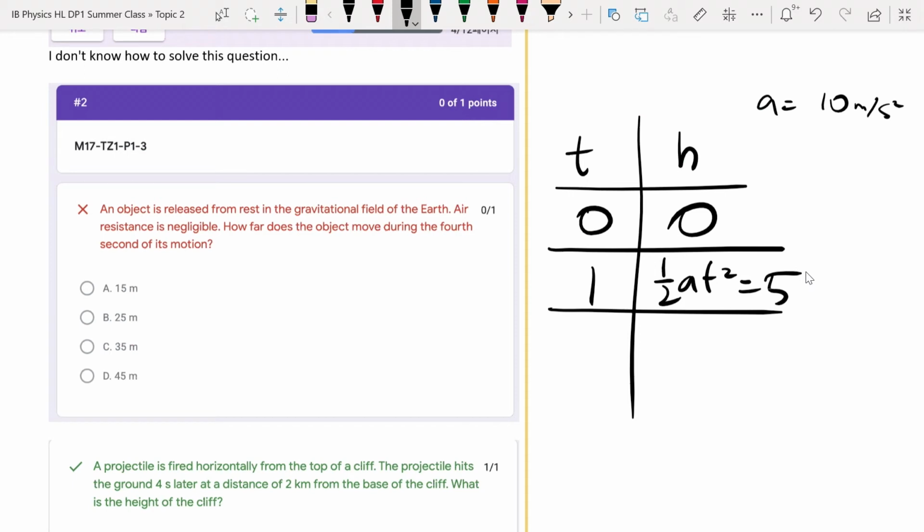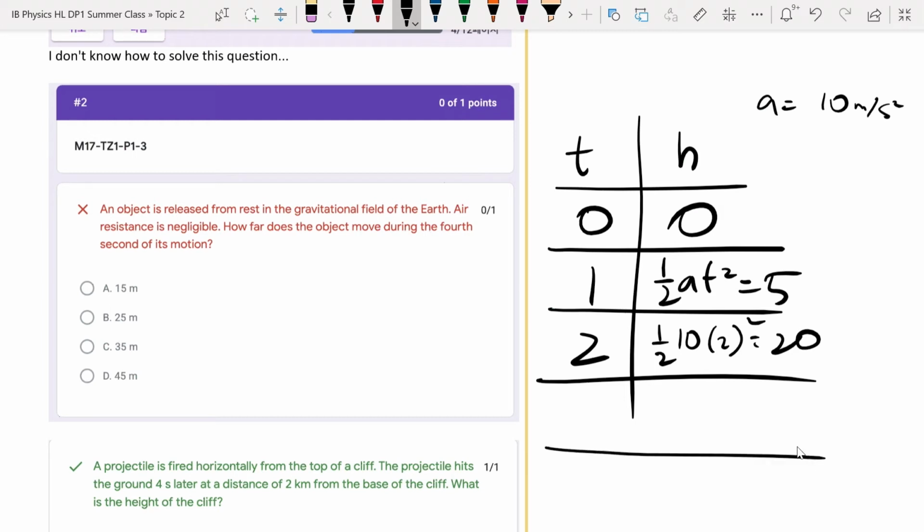right? After 2 seconds, it's going to go down. So let's just write it down. So it's going to be 1/2 times 10, 2 squared. So this cancels out, doesn't it? So 20, right? After 3 seconds, 1/2 times 10, 3 squared.